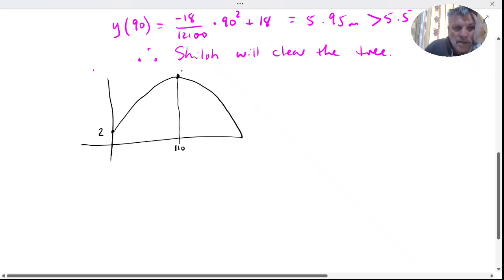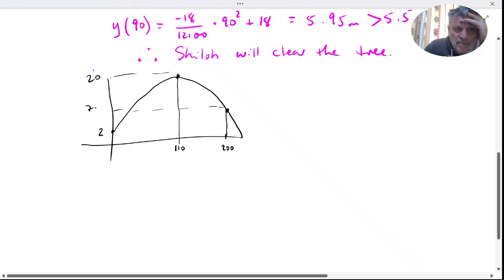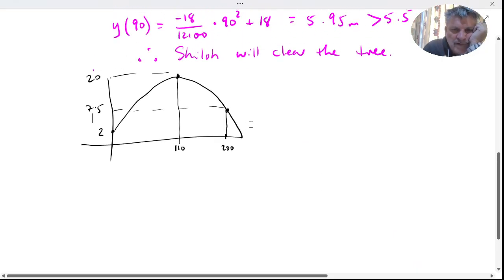Its height is 20, and out here at 200 we've got a tree that's 7.5. And obviously my picture's not to scale, but that picture has got the relevant information on. So let's have a look at what we could do for that.